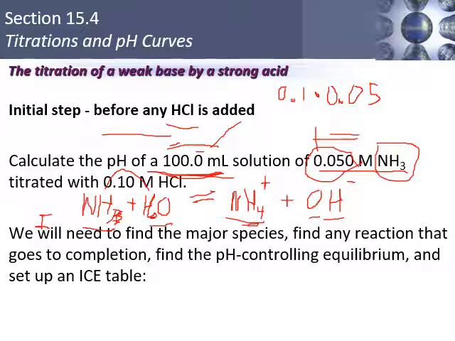So it's 0.005. And what is that? When you multiply liters times moles per liter, you get moles, right? We don't need it now, but we'll need it later. So we're starting off with this many moles of the NH3, 0.005 moles. But for this problem, we don't need it.